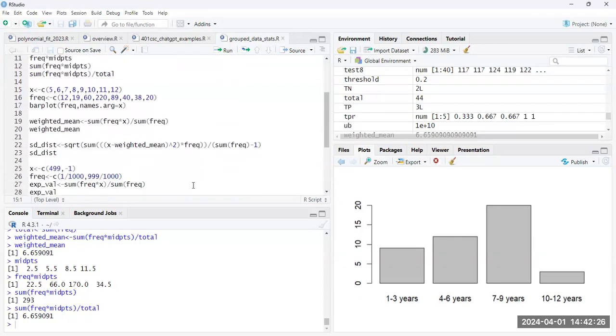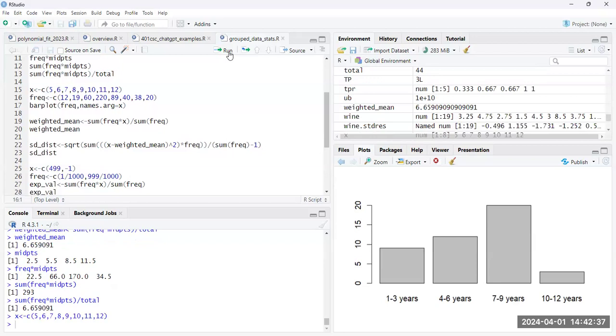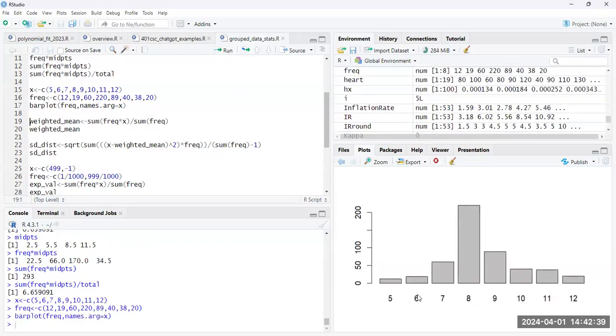Now, if I have actual discrete values that represent only one bin at a time, then I don't need to calculate my midpoints at all. In this case, I can create a bar graph of this data. This was related to the number of hours of sleep that students were getting.